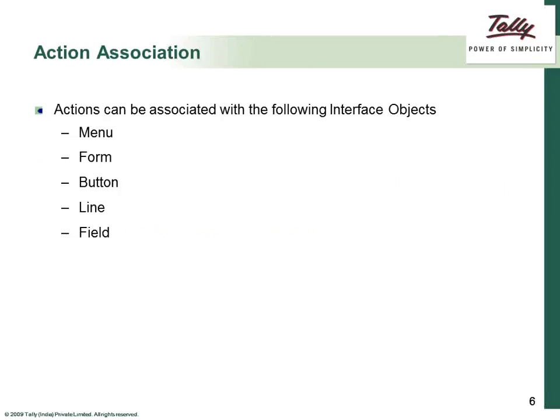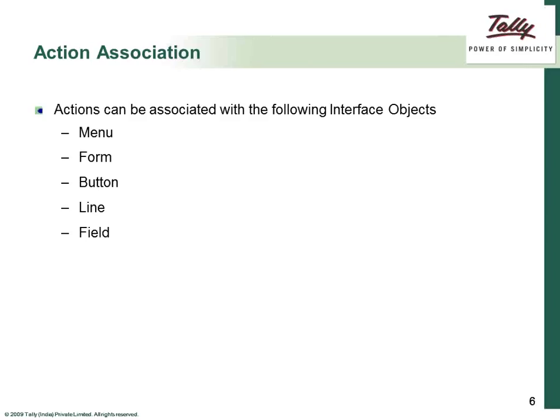So the action association, whether it's a global action or an object-specific action, the actions can be associated to menu, button, form, line, field. I repeat, the action association can be done at menu, button, form, line, and field.